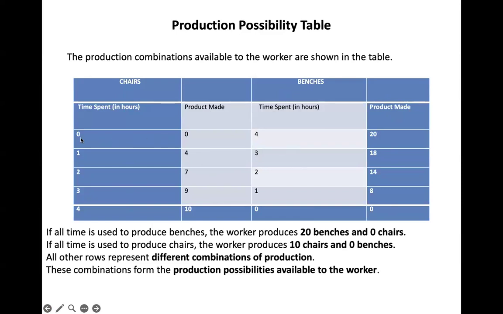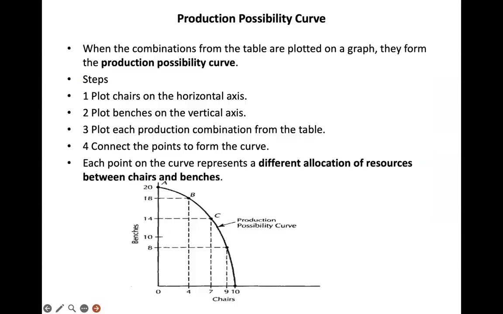As I said, all the arrows represent different combinations of production. So these combinations form the production possibilities available to the worker.